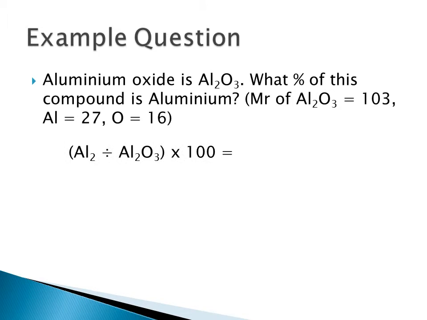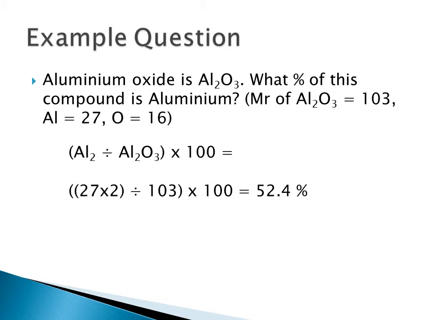Because we want to know the total aluminium, not just one of them, we need to actually do Al2 divided by Al2O3. So when we put the numbers in, we do 27 times 2, divide that by 102, and then times the whole lot by 100 to get 52.4%. That's the pretty much standard level of difficulty you're going to encounter in a GCSE chemistry paper.